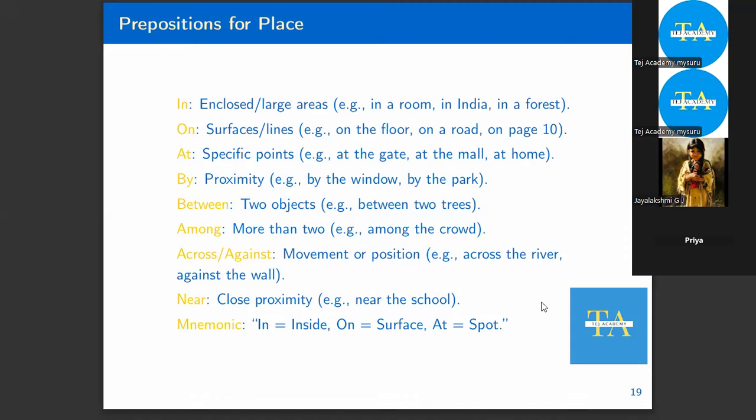And we use between while speaking about something which is between two objects. Like, I can see a rabbit between two trees. So the rabbit is there between two trees. We use between when we speak about two objects. And among is for more than two.